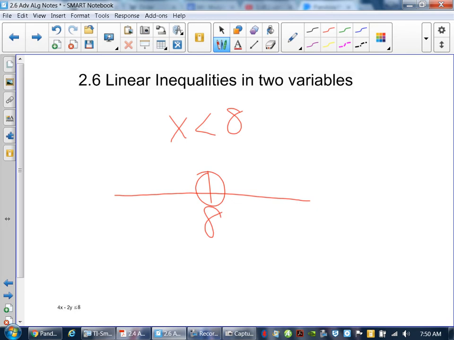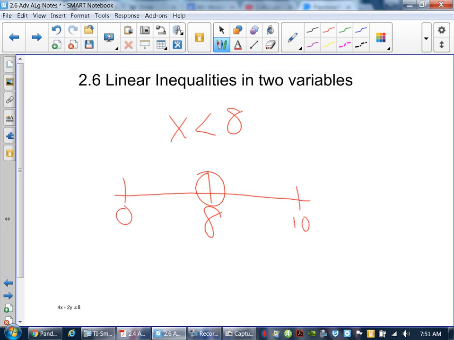Okay? Now, I circled that, and then I always ask the question, do I fill it in? Well, this one, do we fill in? No, because it's not an equal to or less than or equal to or greater than or equal to. So from here, you always want to find what's called a test point. I always like to put 0 on here, and a number bigger than it.